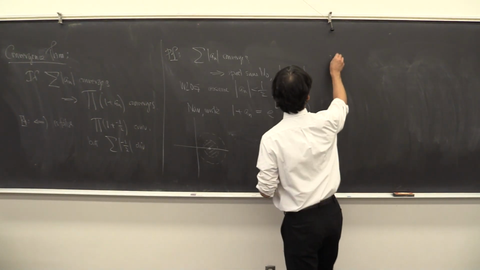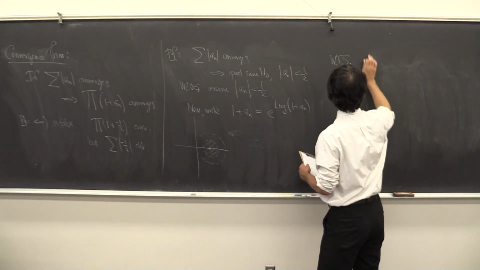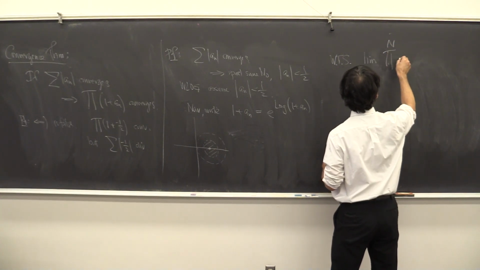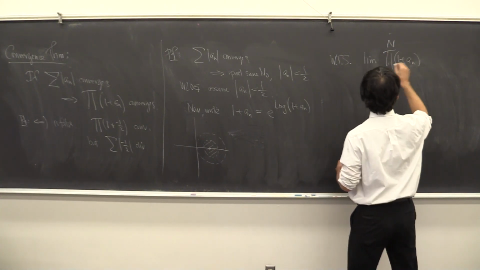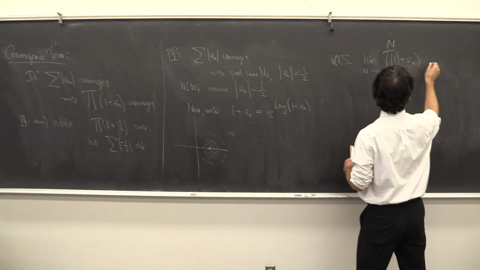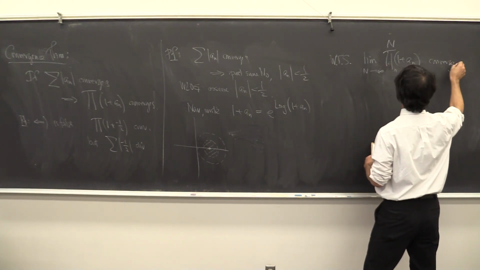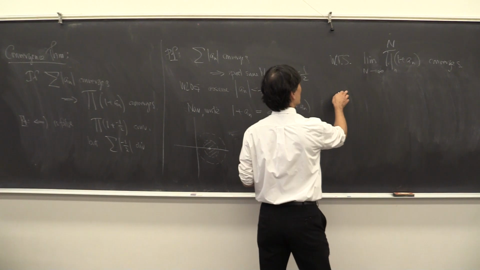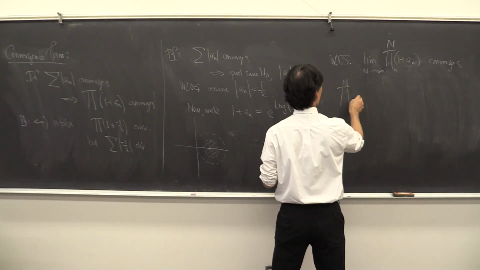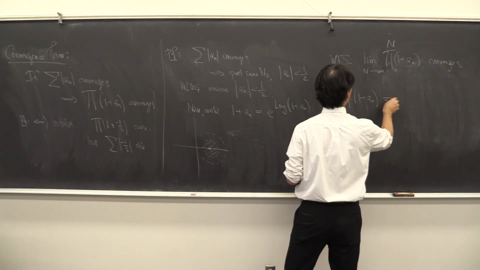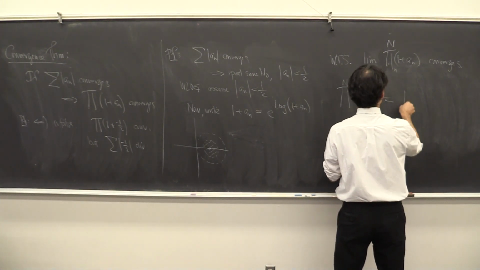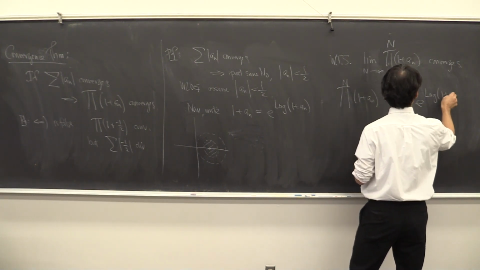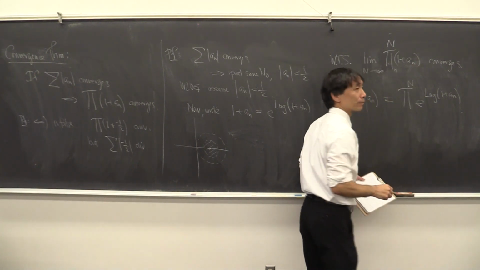So we want to show that the limit of these partial products converges. We're going to use this to rewrite it. Take the partial product, and we write it as the product of e to the log 1 plus a sub n, right?